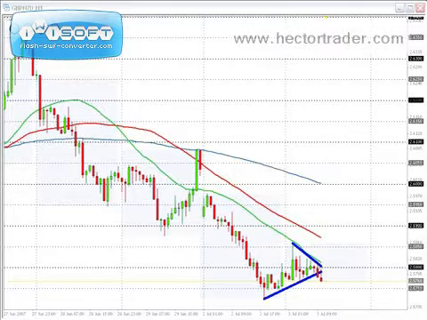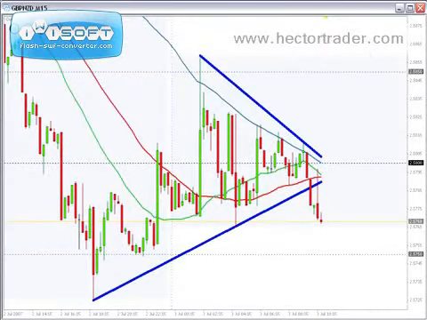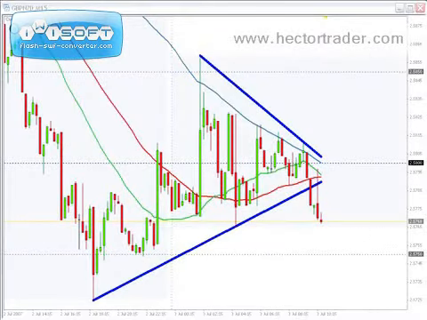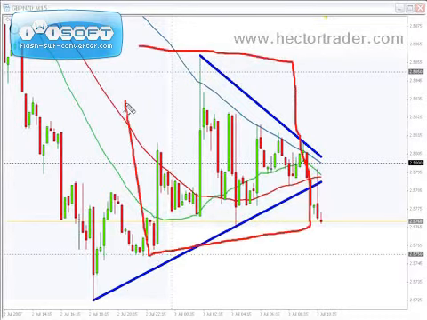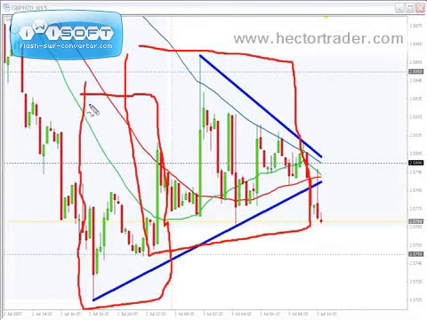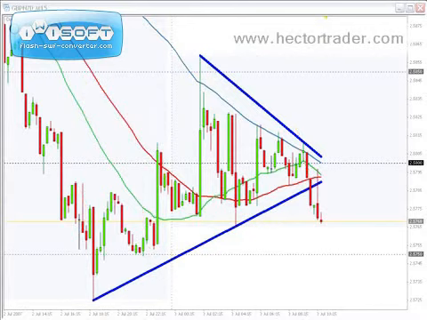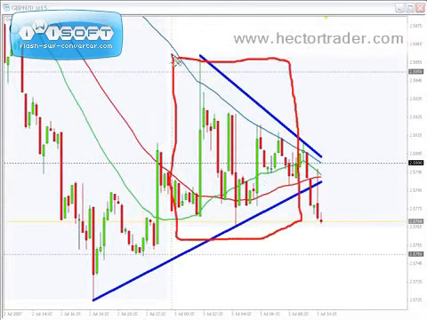Now, if we zoom into the 15-minute charts, in my eyes it seems like a triangle formation over the Tokyo session. This has been the later half of yesterday's New York session, and this being last night's Tokyo session.